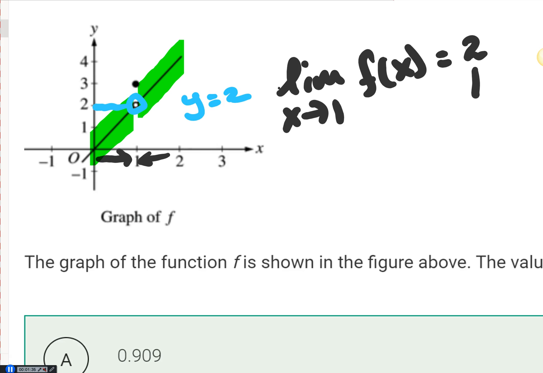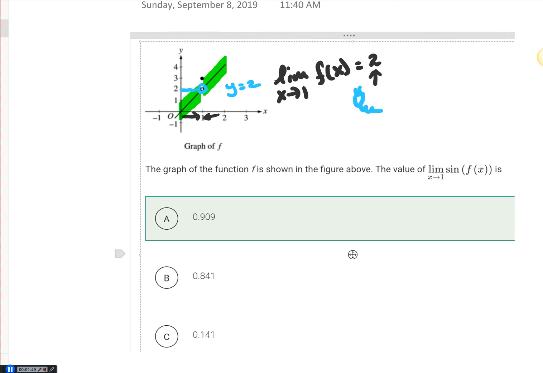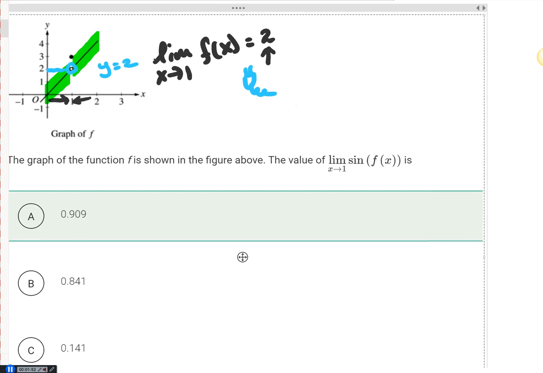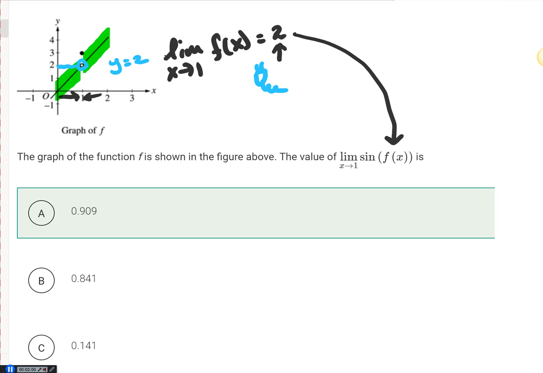So this right here is what's going to be plugged into the sine function. Let's go ahead and zoom out here. We're going to plug this 2 into the sine function.